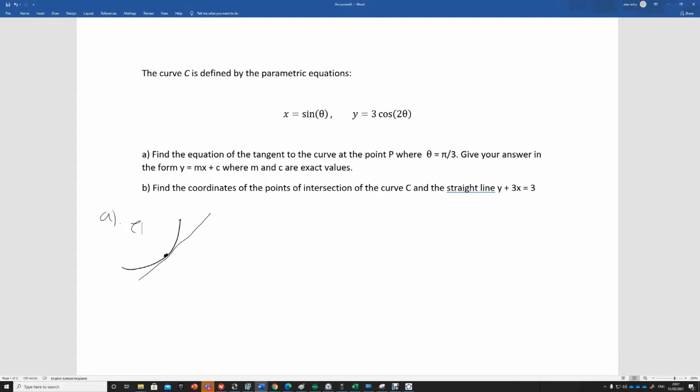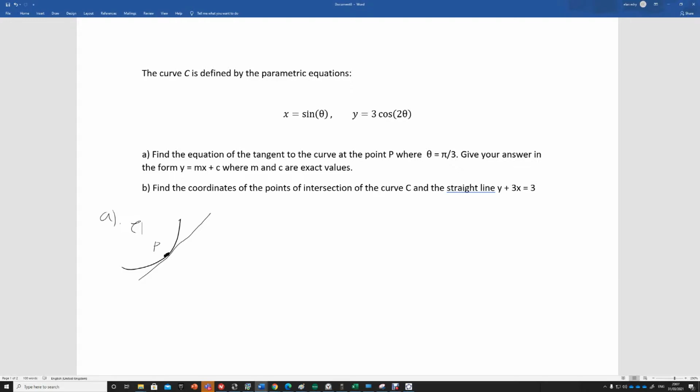That's my tangent line to the curve at the point P, where theta is pi over 3. What we should notice is that at this point, the tangent line has the same gradient, the same instantaneous rate of change, as the curve at that point.